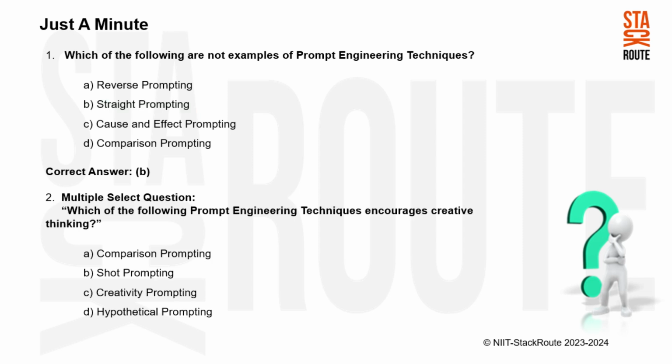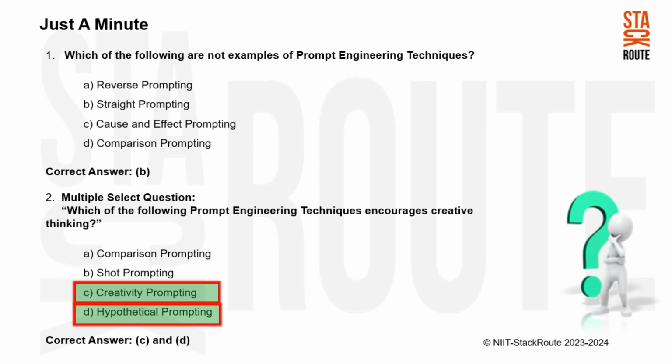Second question, which of the following prompt engineering techniques encourages creative thinking? And the correct answer is options C and D, creativity and hypothetical prompting, as we have just discussed.